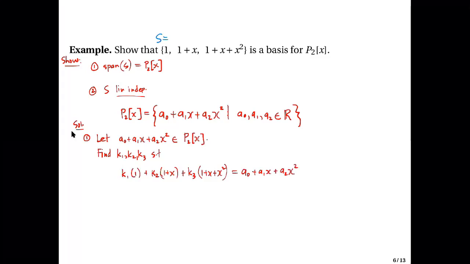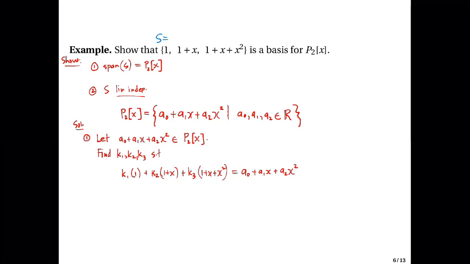And again, a0, a1, a2 are actual numbers, while k1, k2, and k3 are scalars that you need to find if you can.